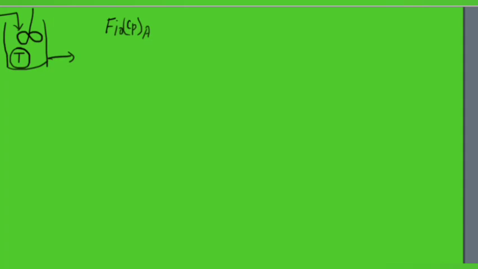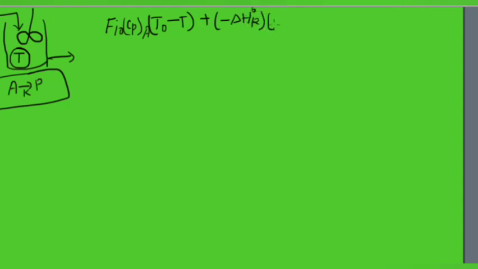Cp of A, if the inlet flow rate of reactant A is Fi naught, and if a reaction is taking place, A is getting converted into P having rate constant K. For this type of reaction, what you need to do is: Fi naught Cp of A into T naught minus T, plus minus of delta H naught of R into minus of Ra into V, equals 0.